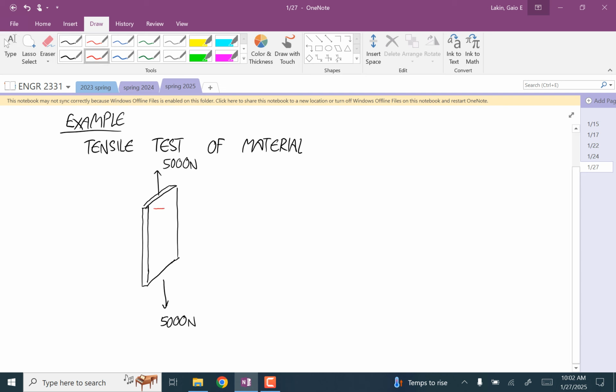Before the deformation, the dimensions are 2 centimeters this way, 10 centimeters this way, and 1 centimeter this way, not drawn to scale.